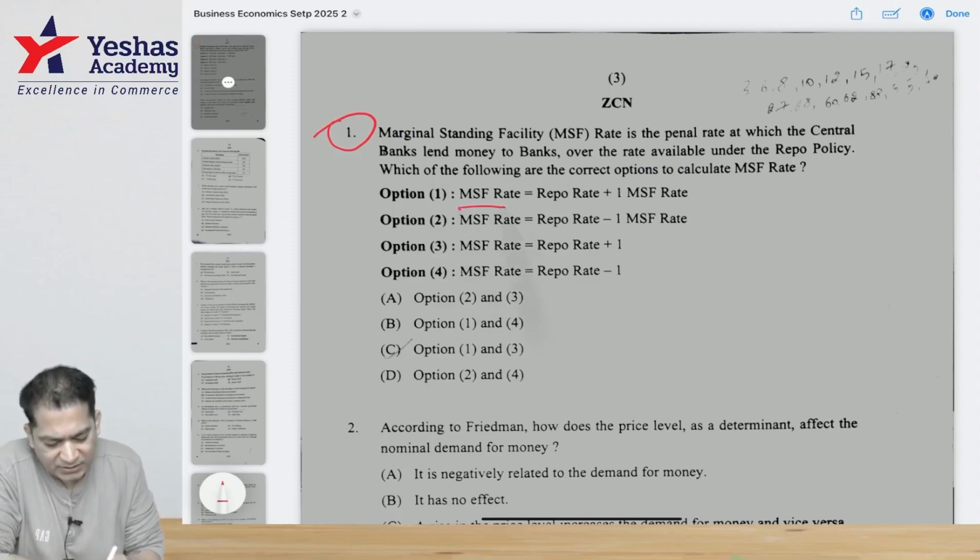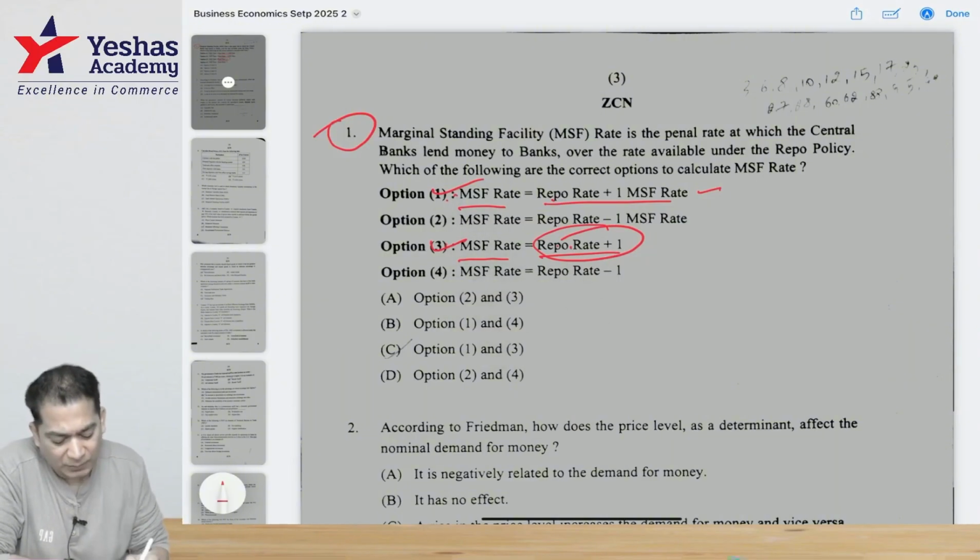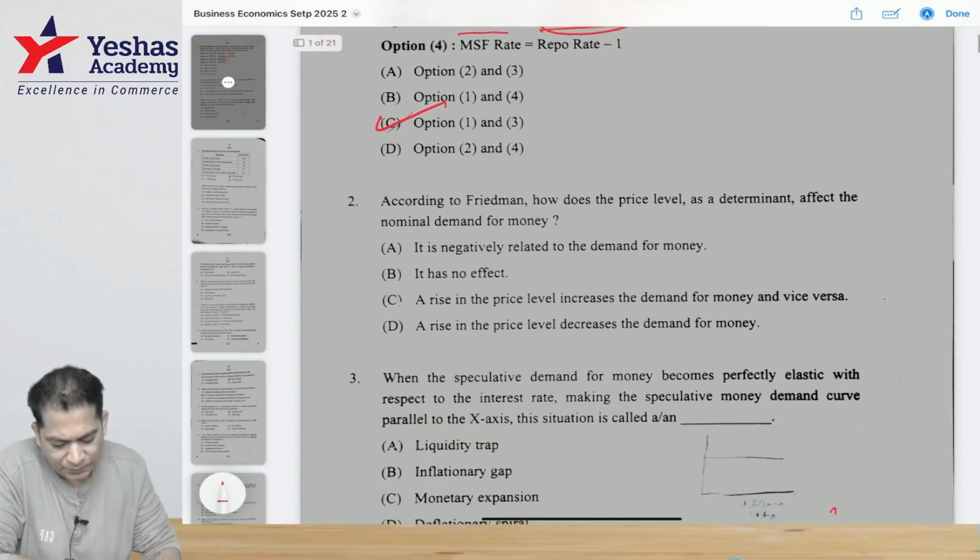So MSF rate is repo rate plus one. This is correct. And MSF rate, repo rate plus 1% or one base. This seems to be also correct, though it's very vague, option number one, but I'll go with option one and three. So C is the correct answer.